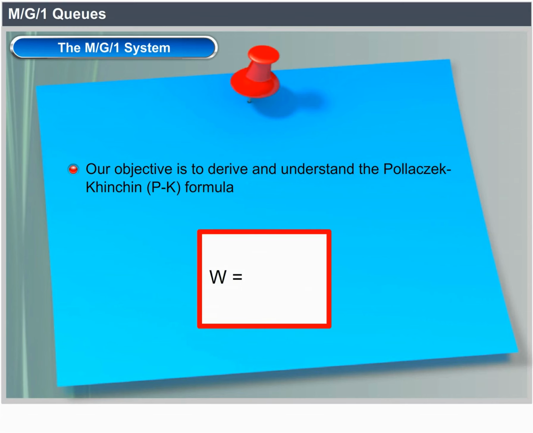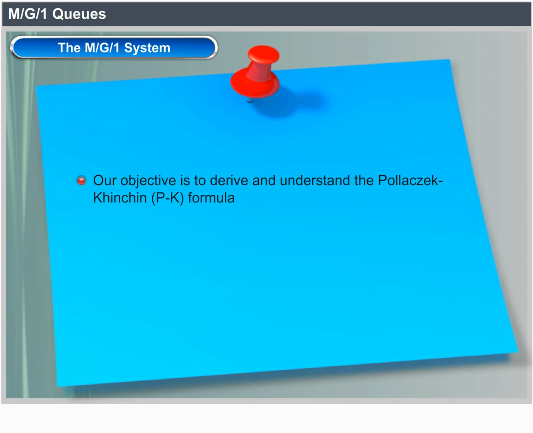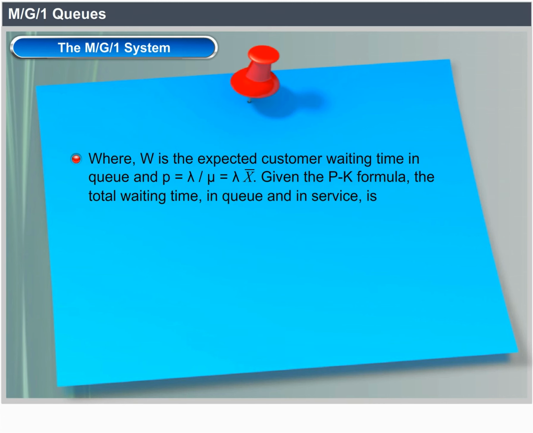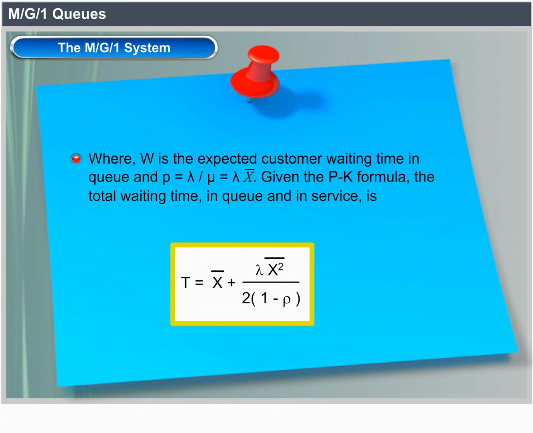W equals lambda X square bar divided by 2 times (1 minus rho), where W is the expected customer waiting time in queue and rho equals lambda by mu equals lambda X bar. Given the P-K formula, the total waiting time in queue and in service is T equal to X bar plus lambda X square bar divided by 2 times (1 minus rho).